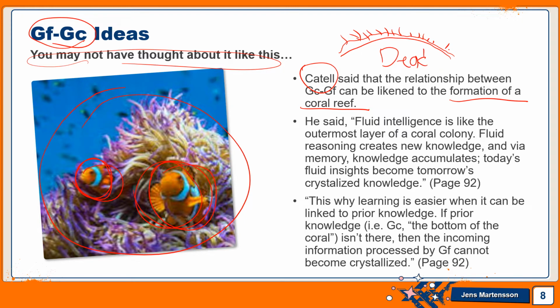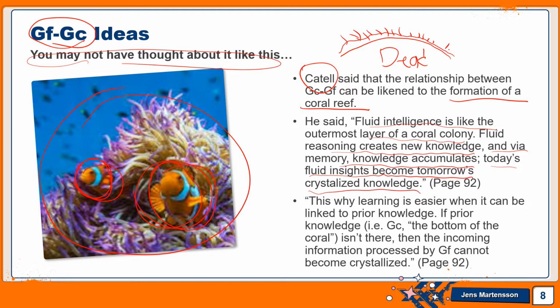That's the dead coral, and it's all crystallized into rock down there below. And so he said, fluid intelligence is like the outermost layer of the coral colony. Fluid reasoning creates new knowledge, and via memory, knowledge accumulates. Today's fluid insights become tomorrow's crystallized knowledge.